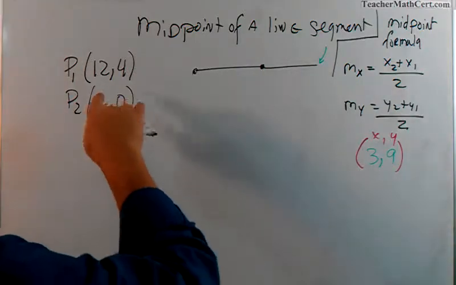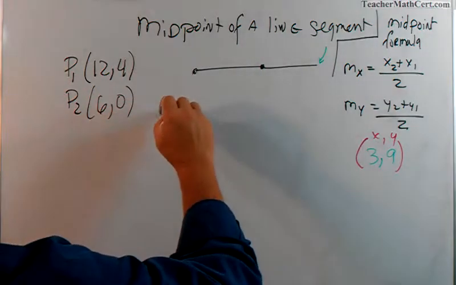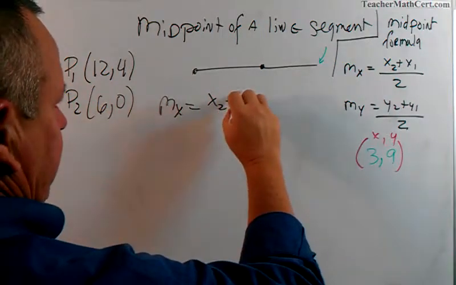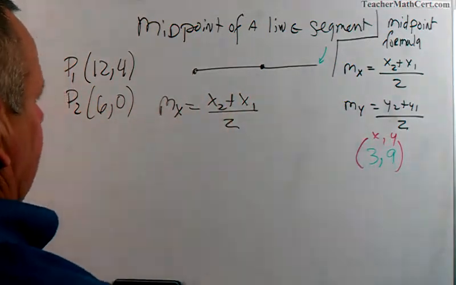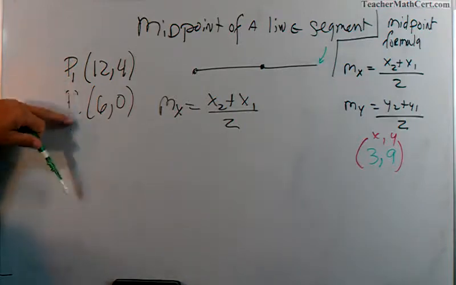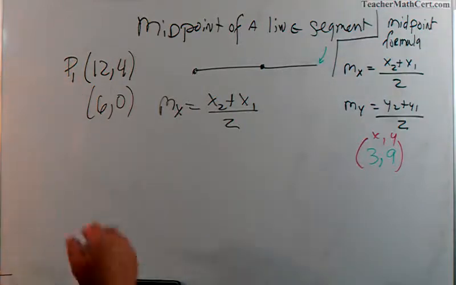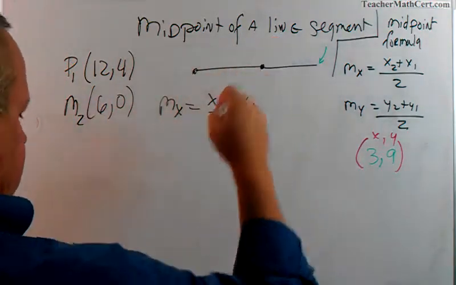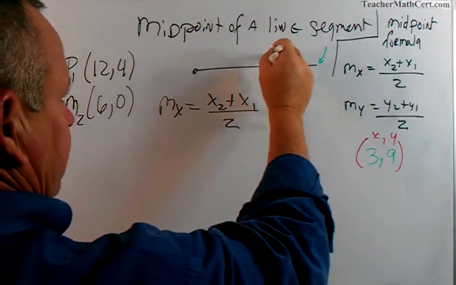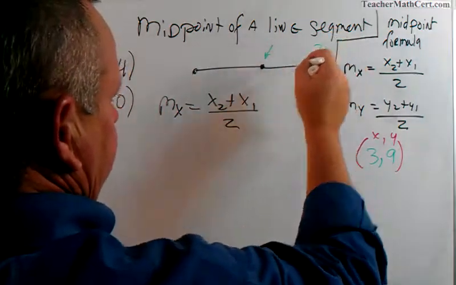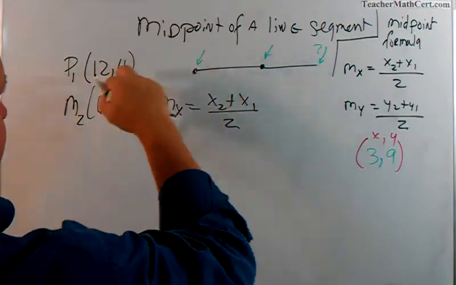Alright, so let's go with the x first. M sub x is equal to x sub 2 plus x sub 1 divided by 2. Well, what do we have here? Point 2, we're going to call M2 because they're giving us a midpoint here, right? They're giving us this point. This is the midpoint. And this is the question mark we're looking for, right? And here's the first point, okay?